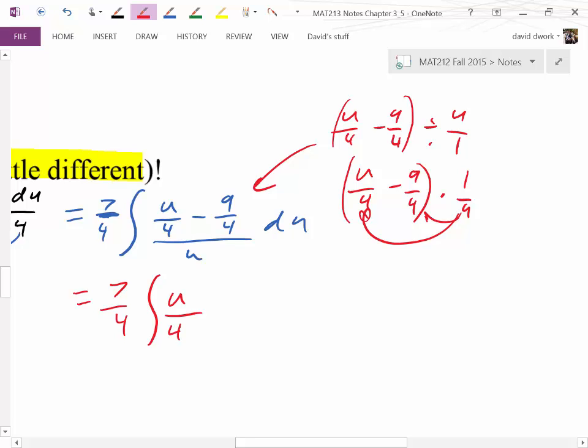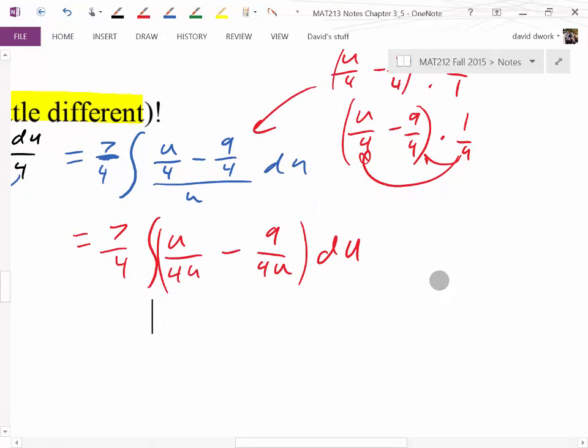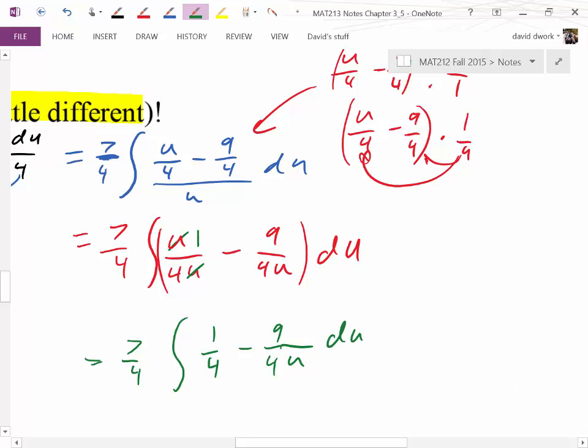U over 4u minus 9 over 4u du. And we can simplify now. U divided by u leaves us with a 1. So what do we have now? We have 7/4 times the integral of 1/4 minus 9 over 4u, there we go, du.